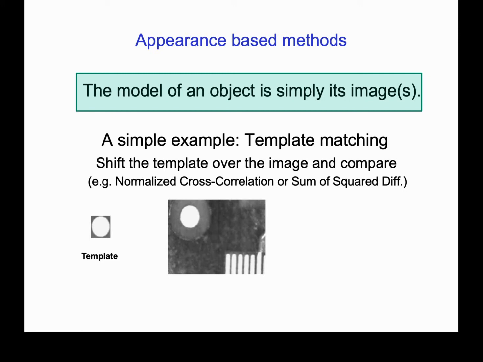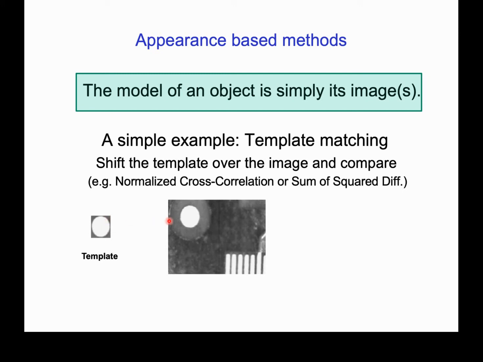So the idea is rather simple. If I want to identify whether this object is present in the image or not, I can simply use the image of that object as the template.